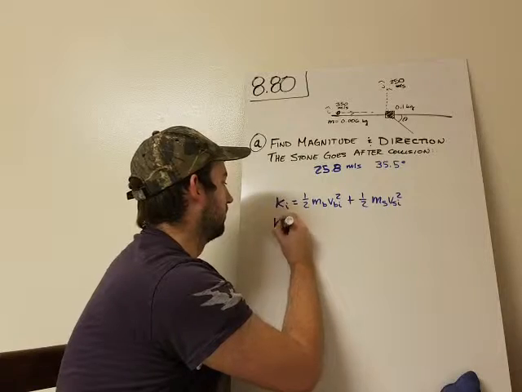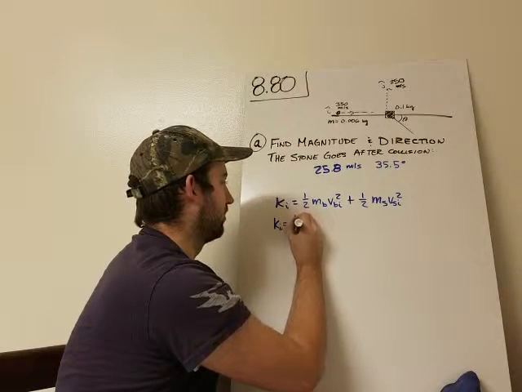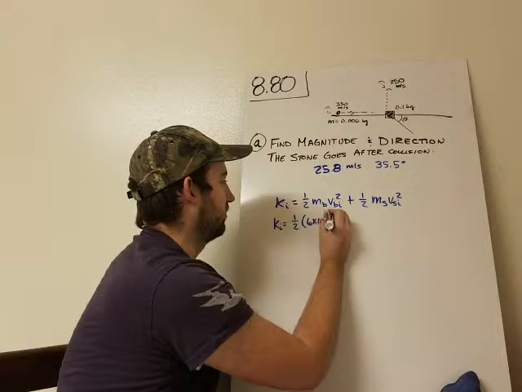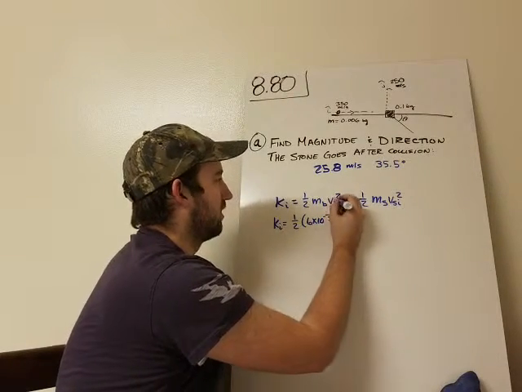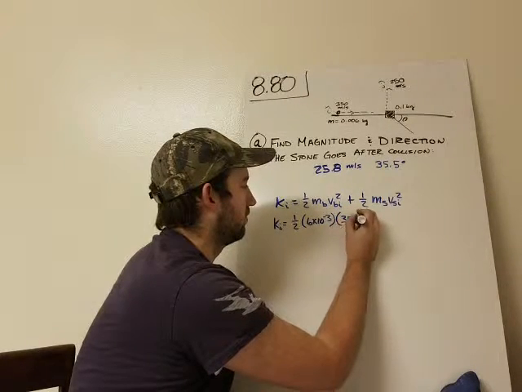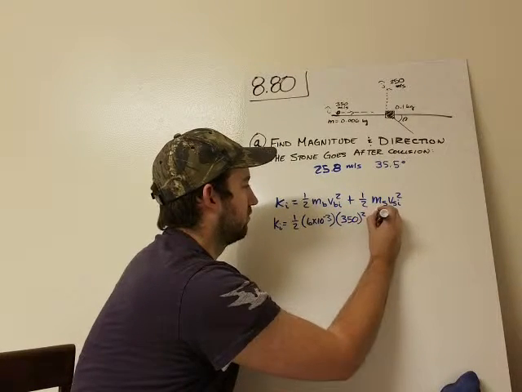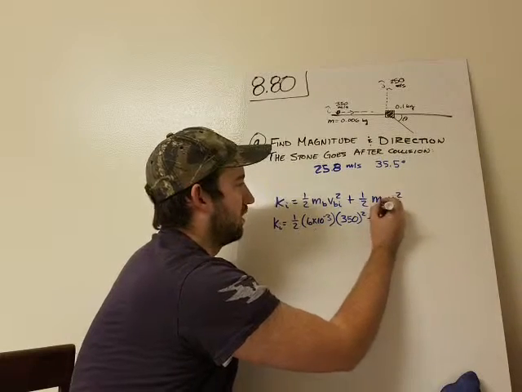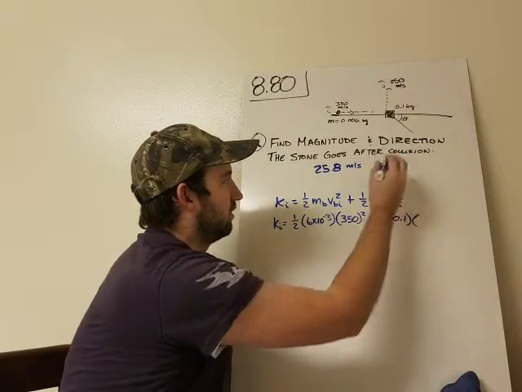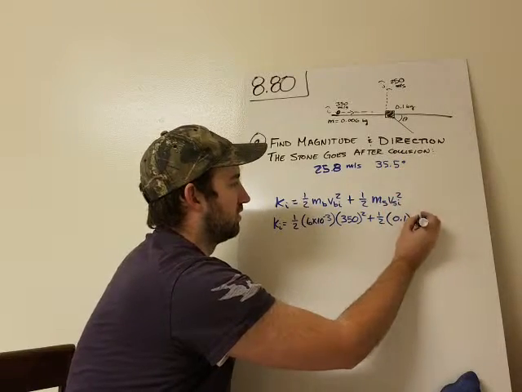And then to plug everything in, we know that it's 6 times 10 to the negative third times that initial velocity, which is 350, squared, plus 1/2 times the 0.1 times the initial, which is just 0.